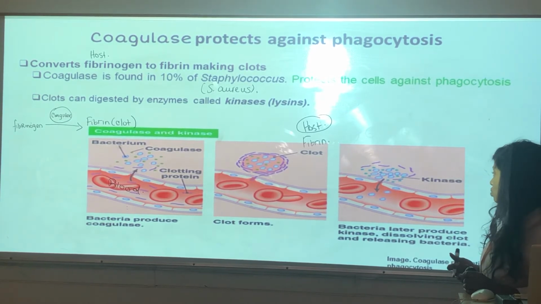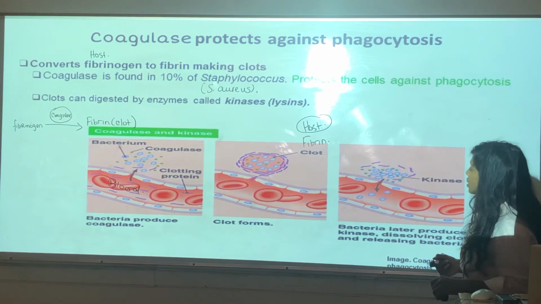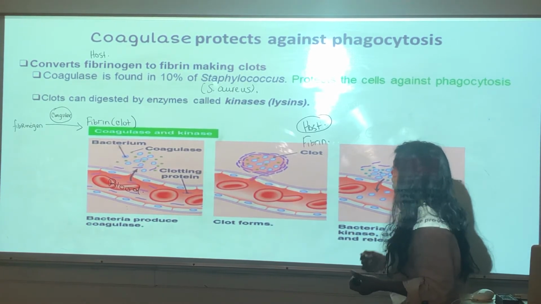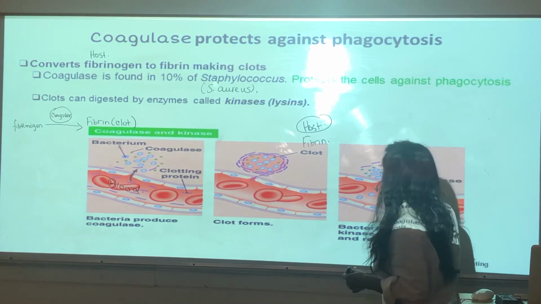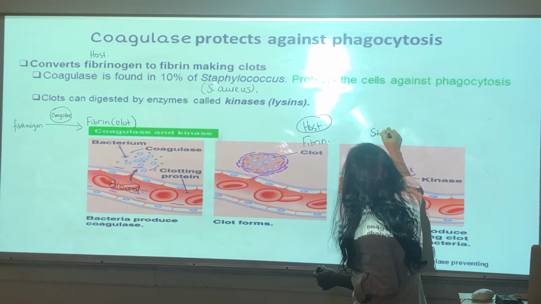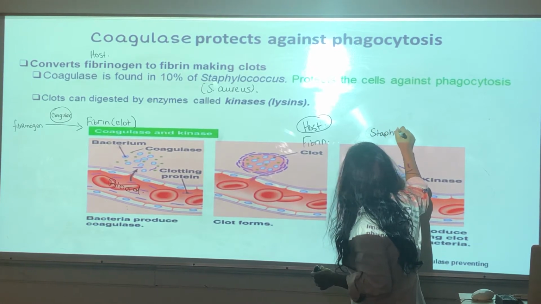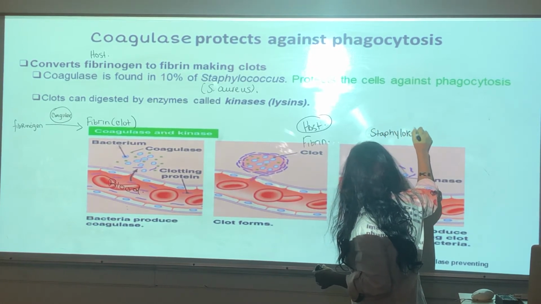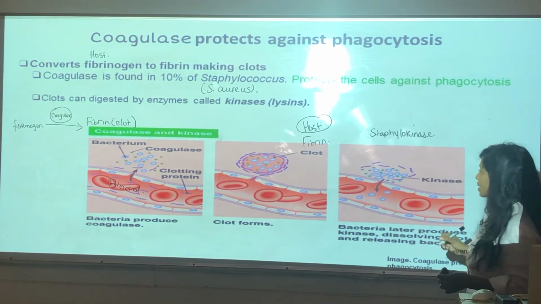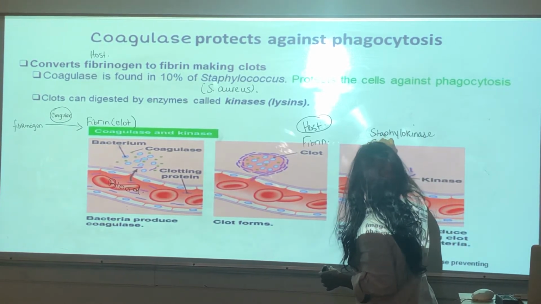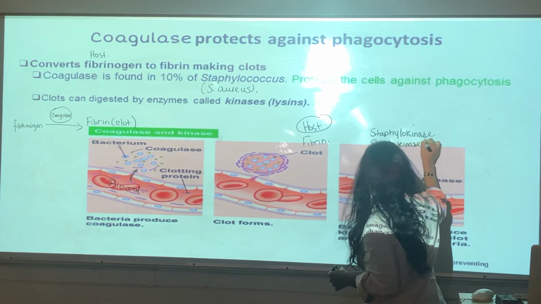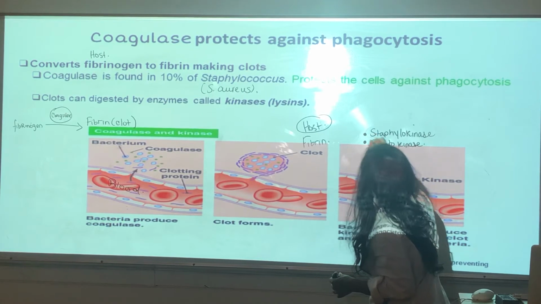Clots can be digested by enzymes called kinases. Kinases in this case are also known as lysins, and these lysins will destroy or lyse the blood clot. Different organisms make different kinases. Staphylococcus makes staphylokinases, and Streptococcus makes streptokinases, and these can lyse blood clots.